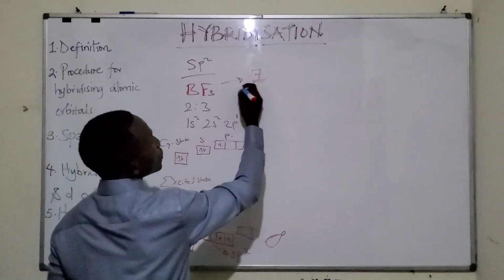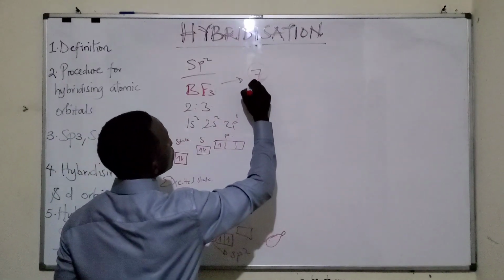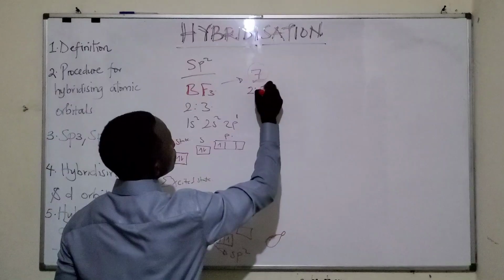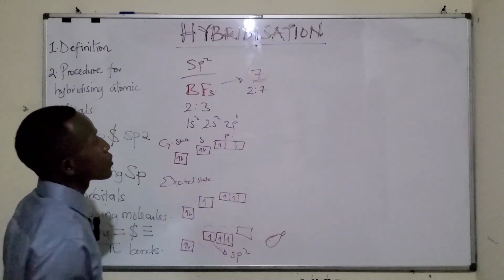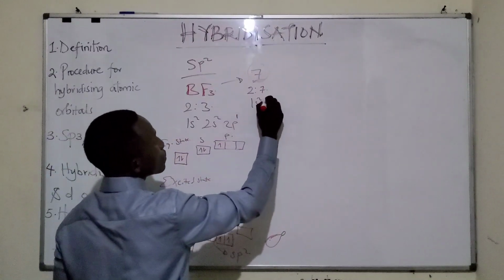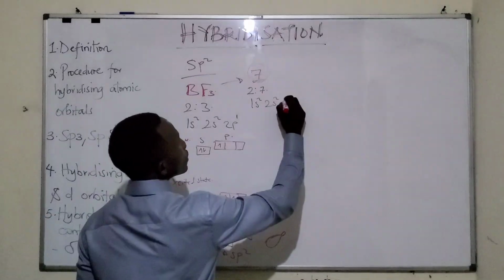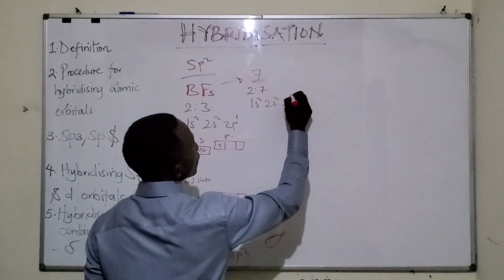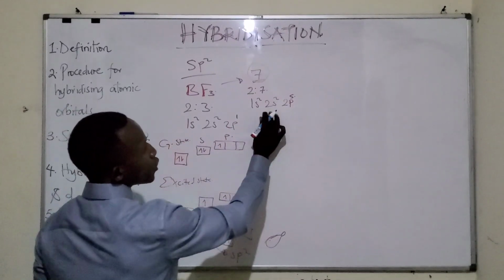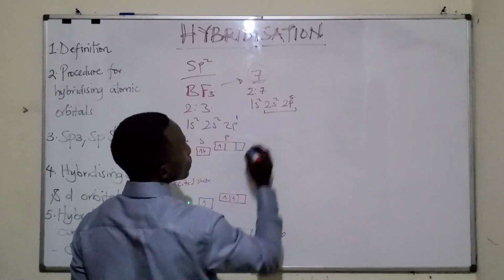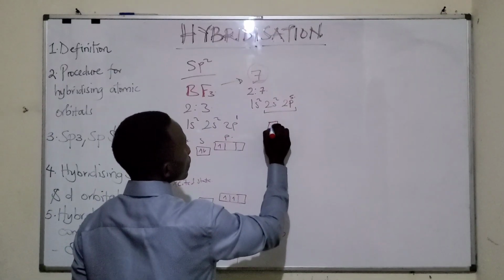And its electron configuration is 2, 7. So it is 1s2, 2s2, then 2p5. So if you are to draw these two, we shall have this.